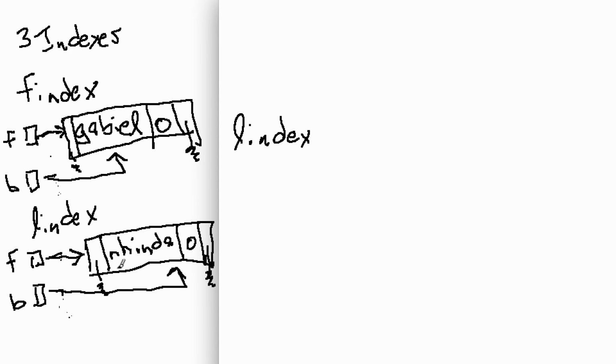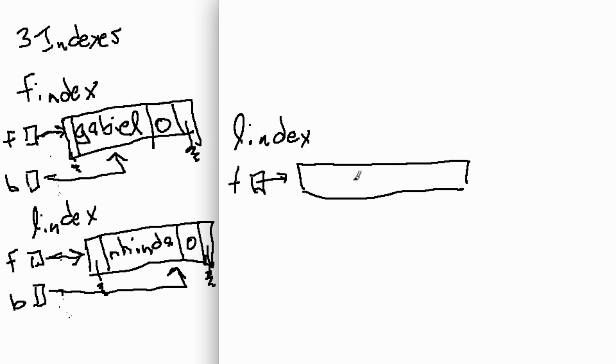So that's going to come, let's see, L-M-N. That's going to come before Ninda. So I have F here, and that is going to point at Limbo with a number 1. This is going to point to null.